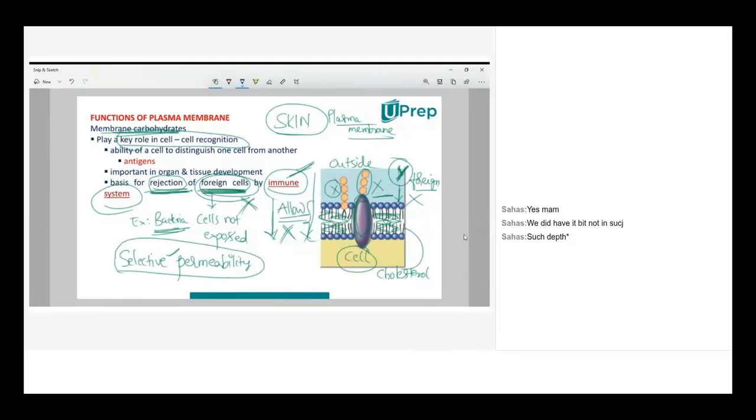The cholesterol molecules give liquidity or fluidity through which the allowed molecules will move into the cell like this. So for free movement of the molecules, you can say cholesterol plays a role in the cell membrane. So cholesterol enables the molecules to move freely in and out of the cell membrane.